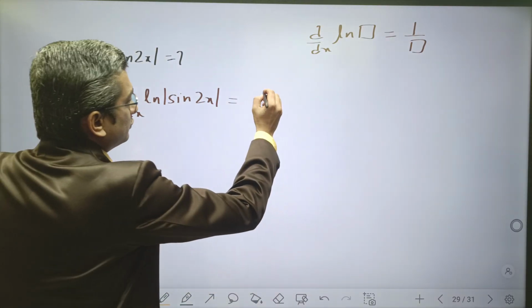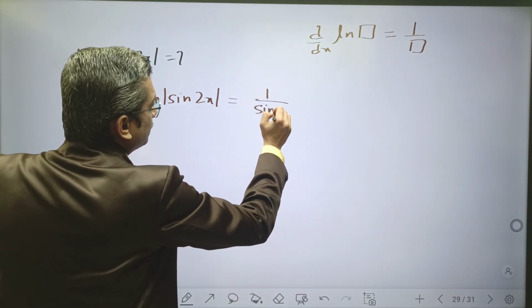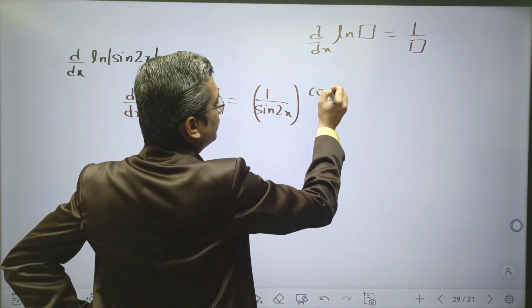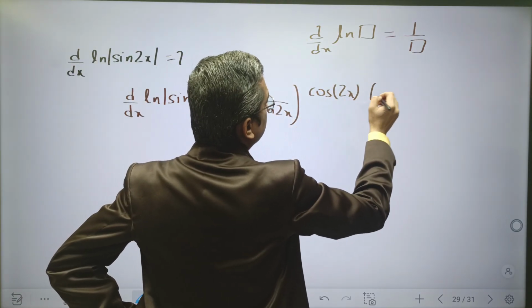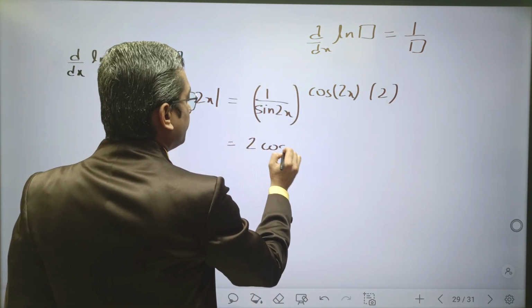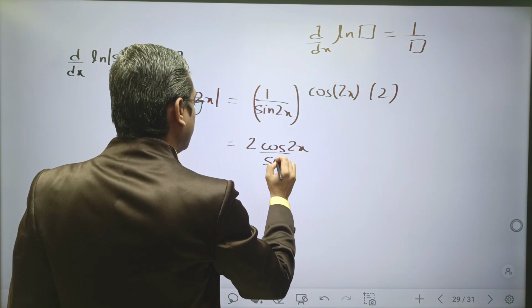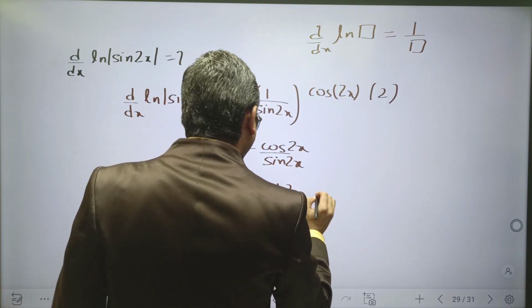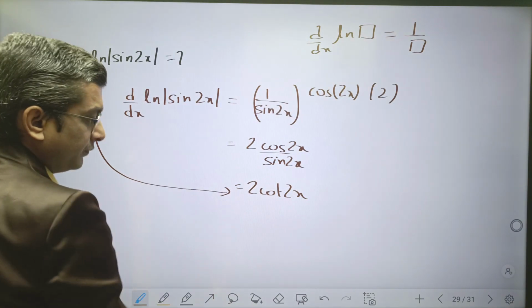So this will be 1 by sine 2x. Then the second function you come across is sine of 2x, that will be cos of 2x, and the third function is 2x, that is 2. So this will be 2 cos 2x by sine 2x, so this will be 2 cot 2x. So this is the differentiation of this one, isn't it?